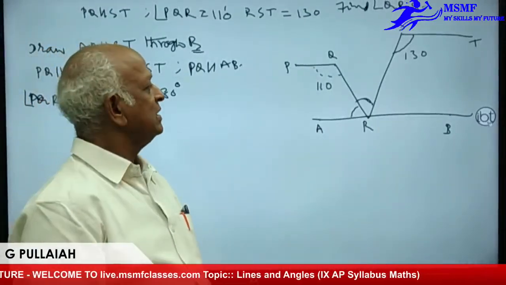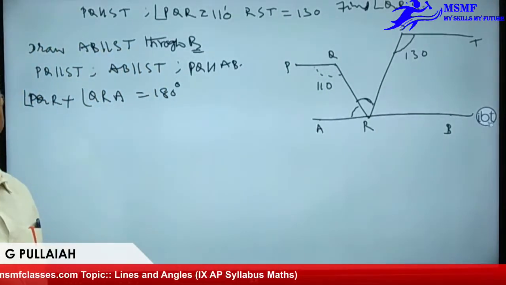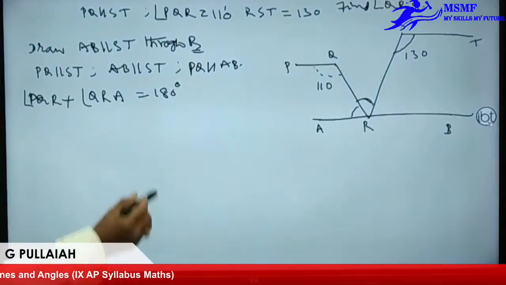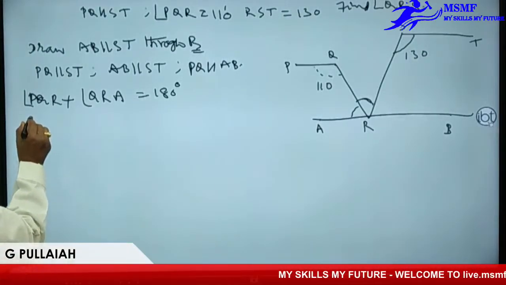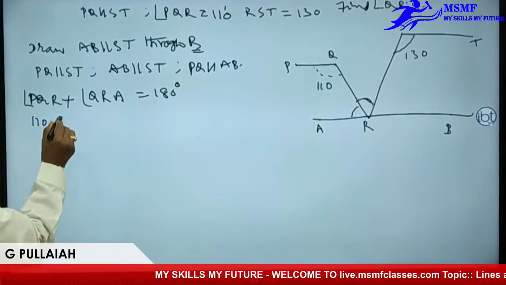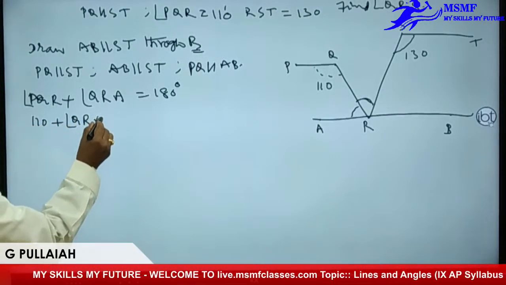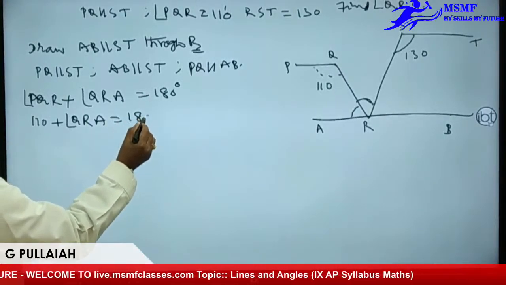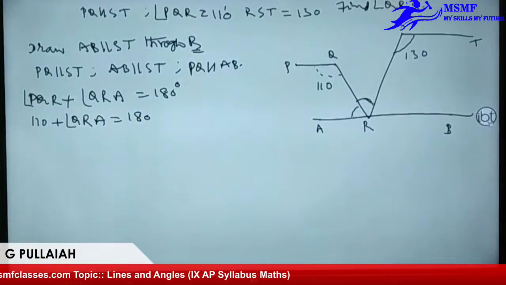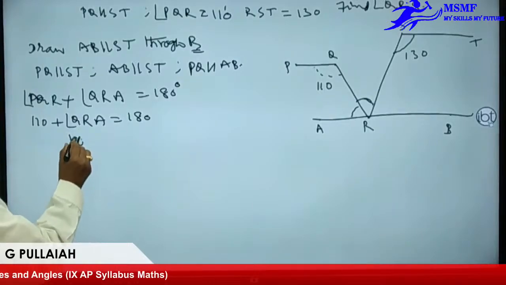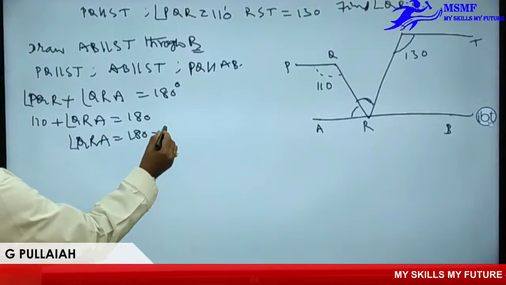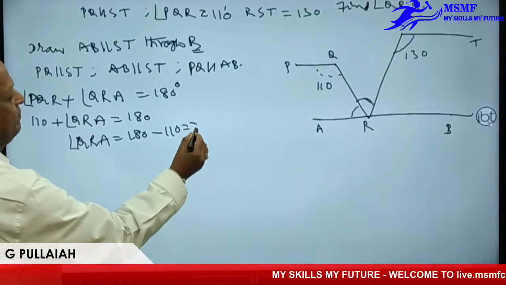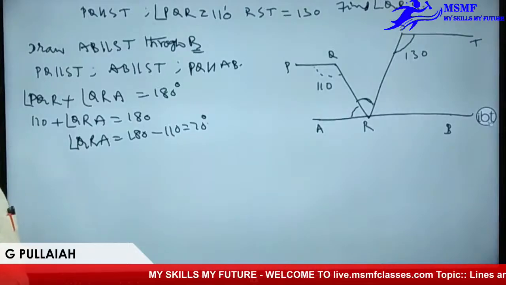These two are interior angles on the same side of the transversal, so they are co-interior angles and their sum is 180 degrees. It is given that PQR is 110 degrees. So 110 plus angle QRA is equal to 180. So angle QRA is 180 minus 110, which is equal to 70 degrees.